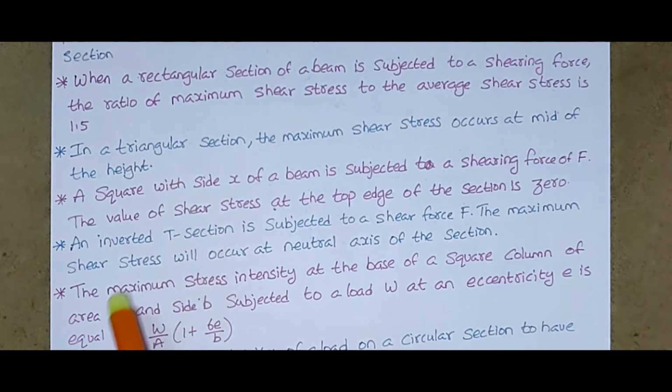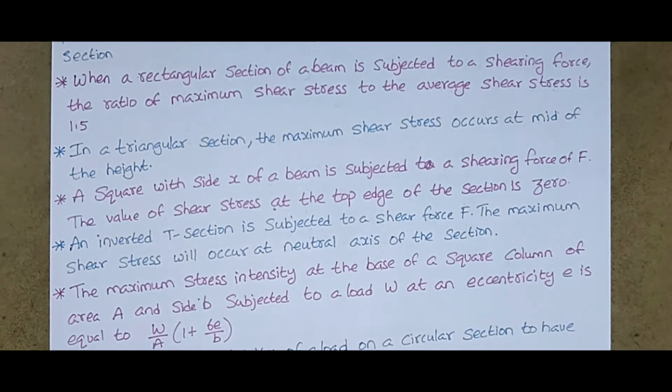So it is always better, friends, whatever the members we are discussing in strength of materials, and whatever the question you are getting in your exam, start verifying your options. It's better you draw a diagram.